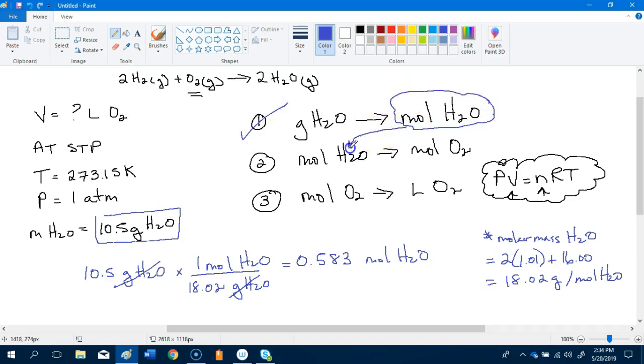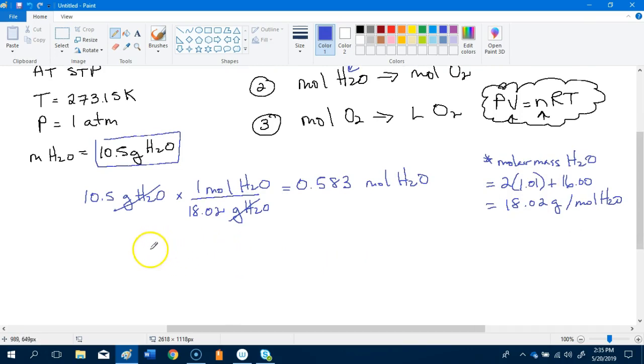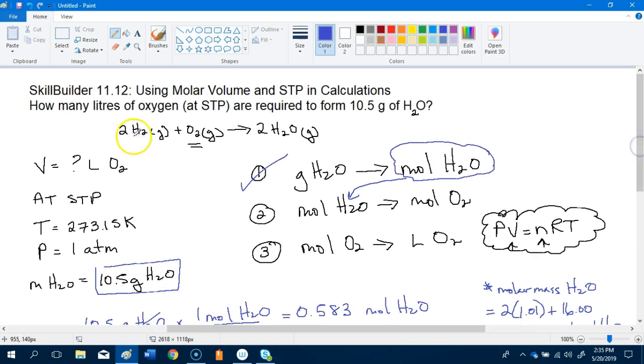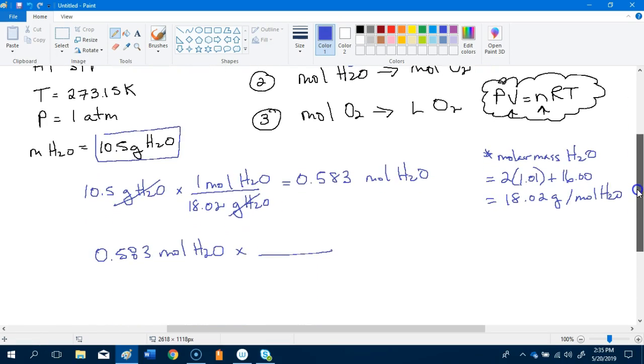Now I'm going to take my moles of H2O and convert to moles of O2. So I have 0.583 moles of H2O, and to convert to moles of oxygen, looking at my reaction here, I see that I have 2 moles of water for every 1 mole of my oxygen.